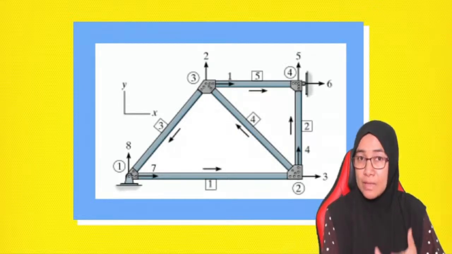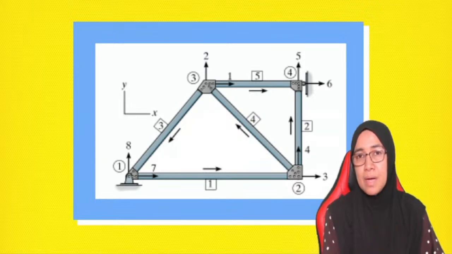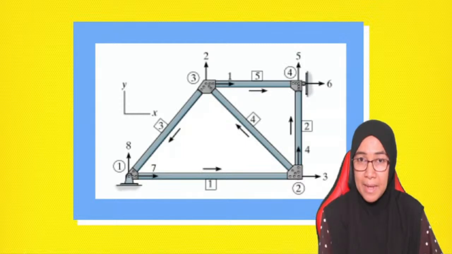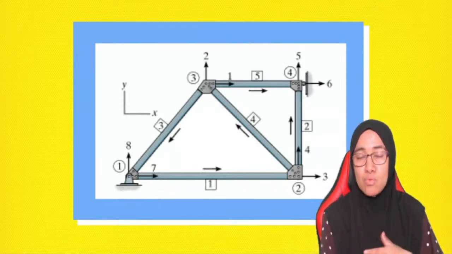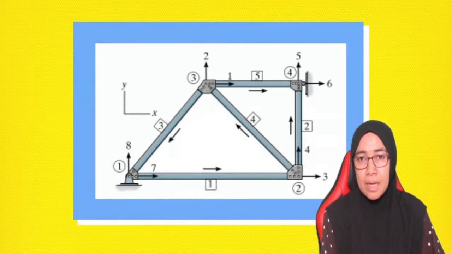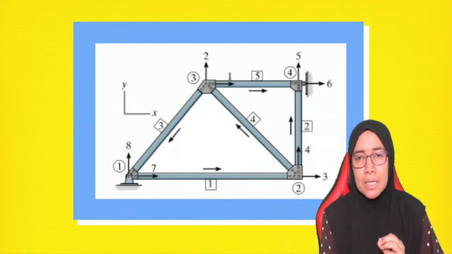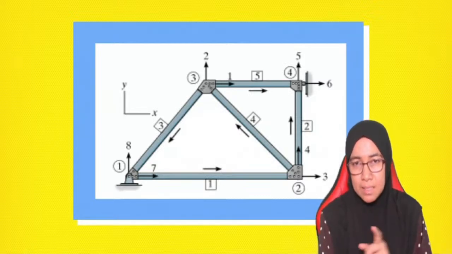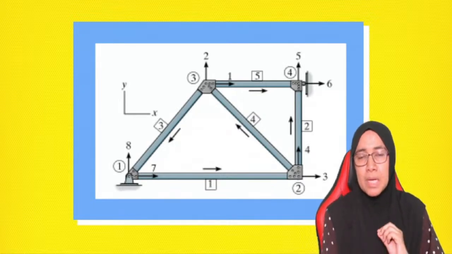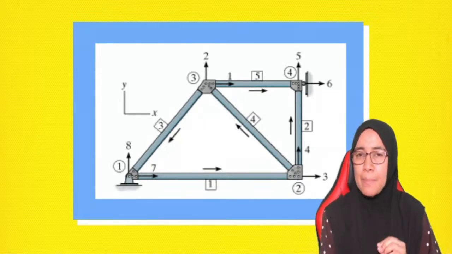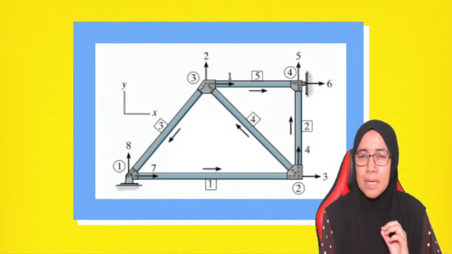If it is not given, or if the given nodes are joint names ABC, when we want to analyze, we have to replace the joints ABC with 1, 2, 3, and so on. Node numbers we write in a circle.